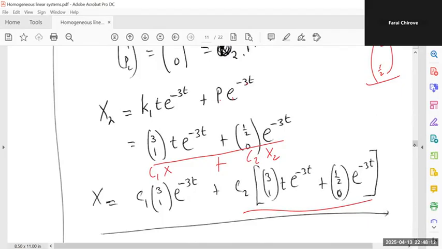So if it was a 3 by 3, let's say lambda was repeated 3 times, we would have the first system as (A plus 3I) K1 is equal to 0. Then, because we have K1, we find a second one, which is (A plus 3I) times P is equal to K1.